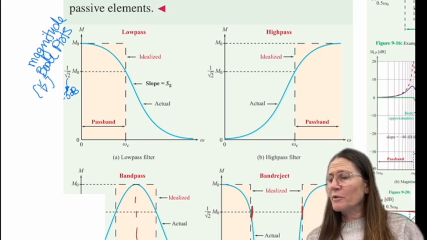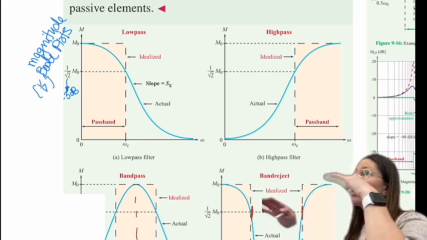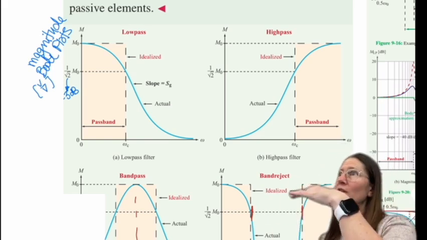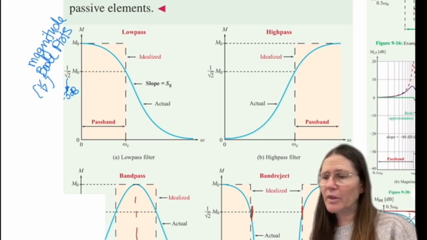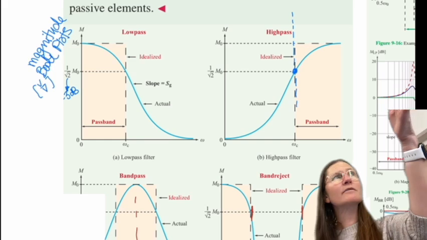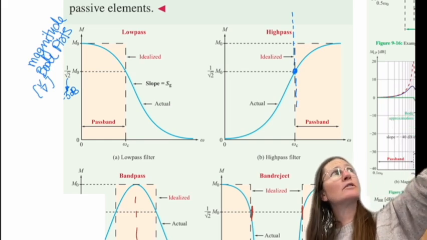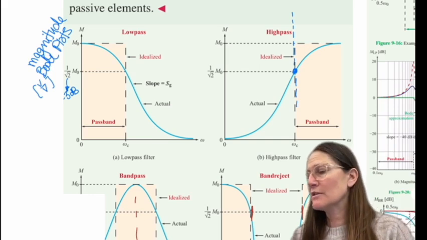So in volts per volt, you can find that point of where you consider it to not be working anymore at 1 over the square root of 2. So we consider here that anything above this level is considered passing for a high pass, and anything below that level in frequency is being passed for a low pass.